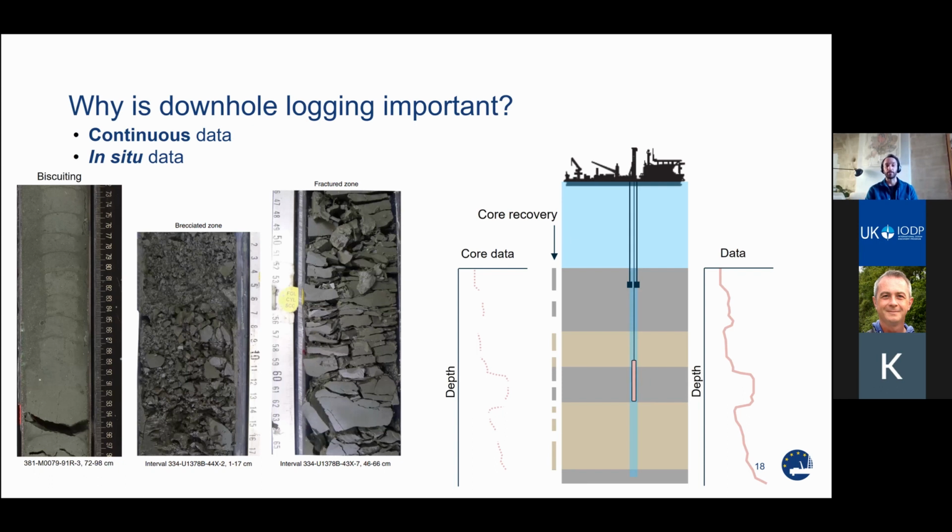So you don't really know if what you're looking at is the actual formation. And you can also drill and core brecciated and fractured zones, and maybe the drilling and the coring itself will damage the formation even more. So are you sure your cores represent what's going on downhole? So that's why downhole logging is so important, because you see what's happening in the formation in the hole.